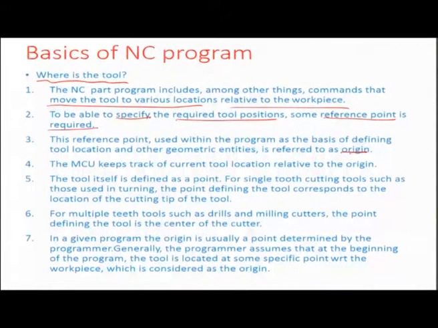All the geometric entities defined in terms of the tool path, and the motion of the tool as a progression in time, would be with reference to that particular origin. So, there has to be some fixed point in space which is considered by the machine control unit to be the origin, and all of the motions of the tool are executed relative to this origin.